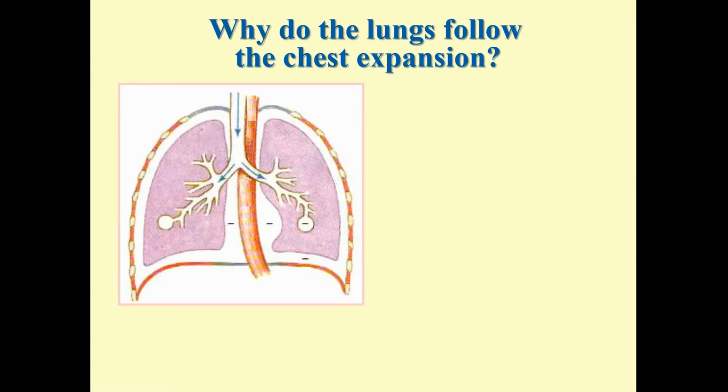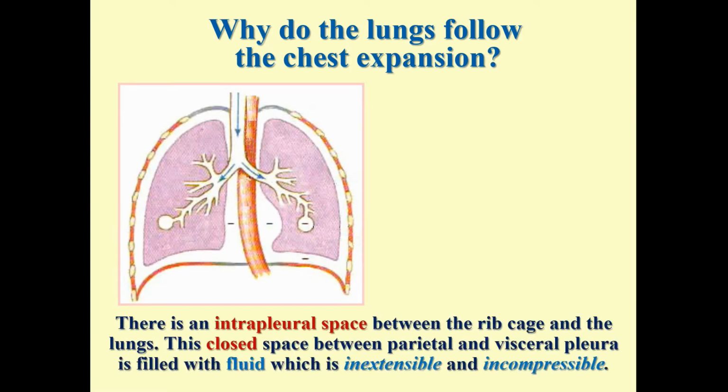Oppositely, it's covered by pleura, and this pleura forms the intrapleural space, because one pleural part is the visceral pleura. It covers exactly the lungs, fully covers the lungs. But then there is a parietal pleura part that covers the chest cavity from inside.